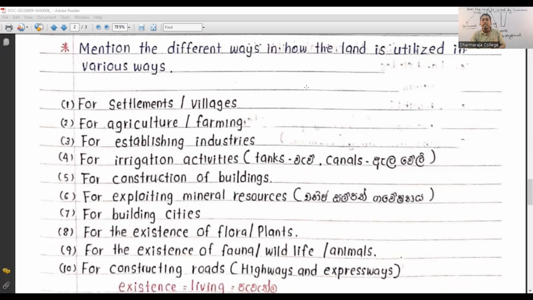The plants also need the land. Animals also need the land for their habitats, living places, and for the existence of fauna and flora, wildlife animals and wild plants.